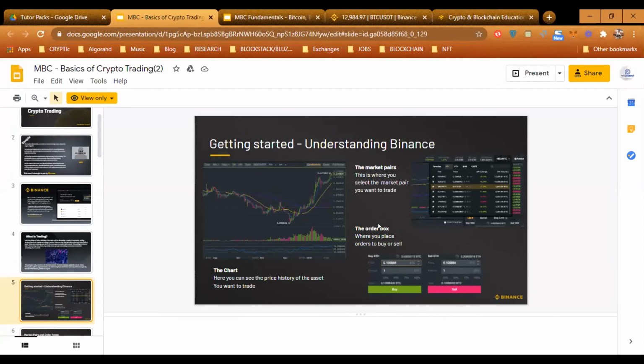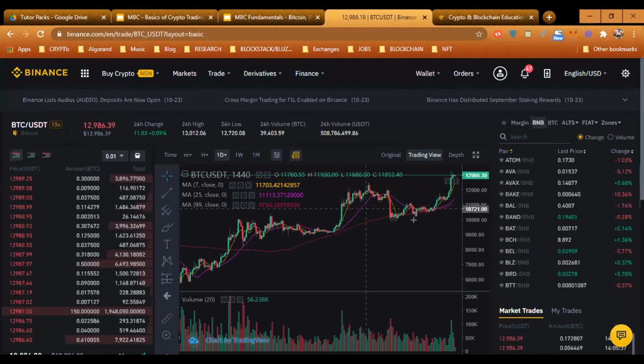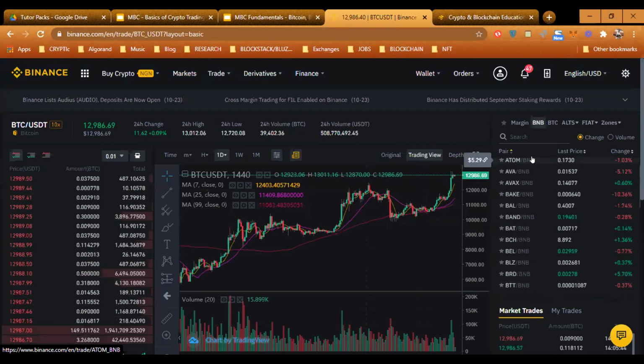All right. So we've seen that this part is the chart, this part is the order box, and this is the market pair, right? Let me show them to you here. So these are the market pairs. Someone can buy with BNB. This is BNB market pairs.